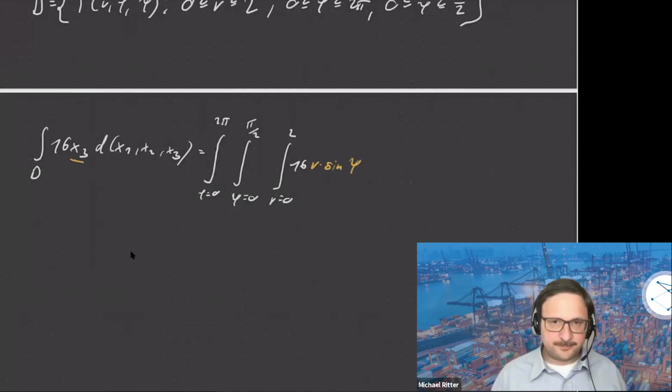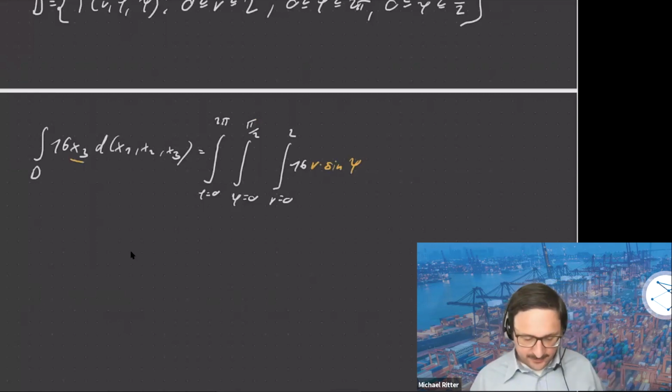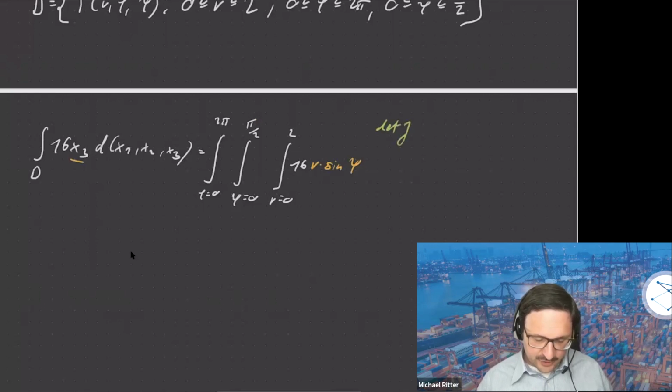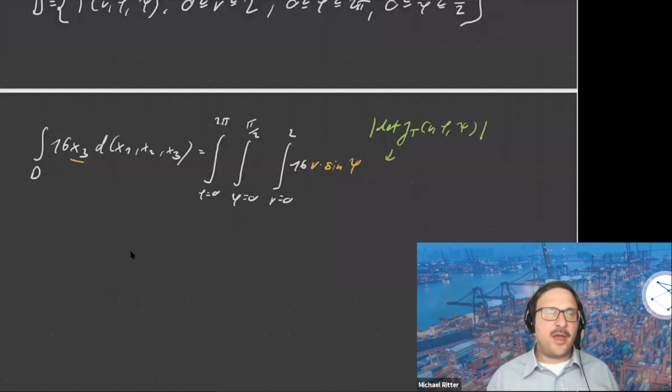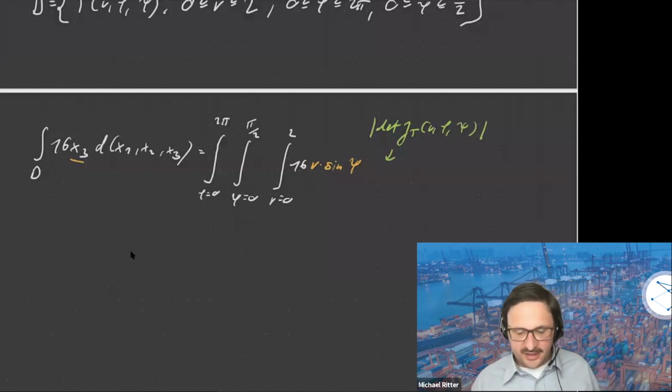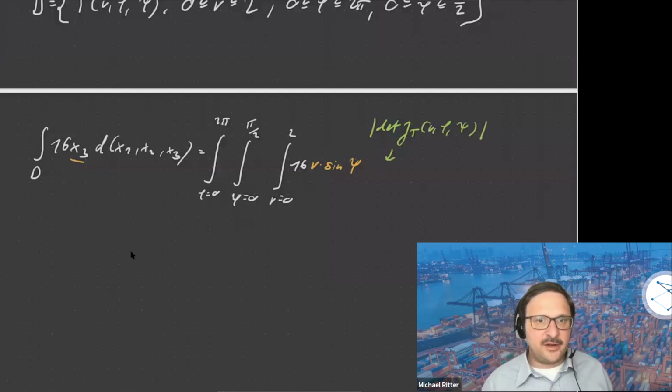And then we need the correction factor. That correction factor is the determinant of the Jacobian of T of r, phi, psi, or more specifically, its absolute value. We have computed that determinant already for the spherical coordinates. I'm not going to do this again. The result of that was r squared cosine of psi.